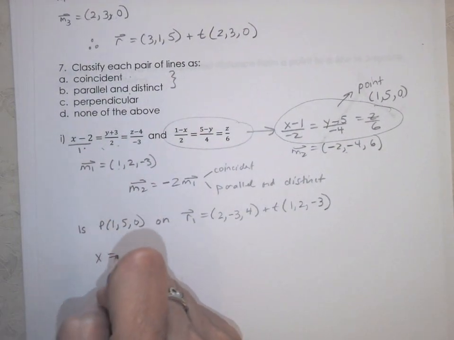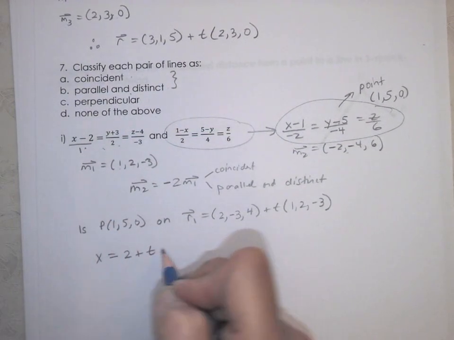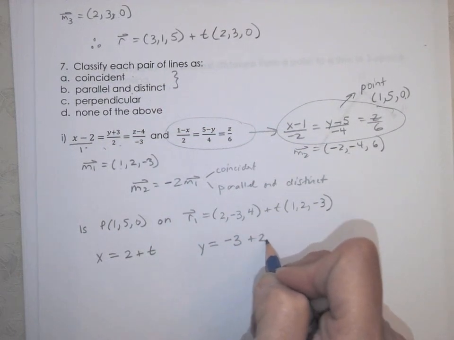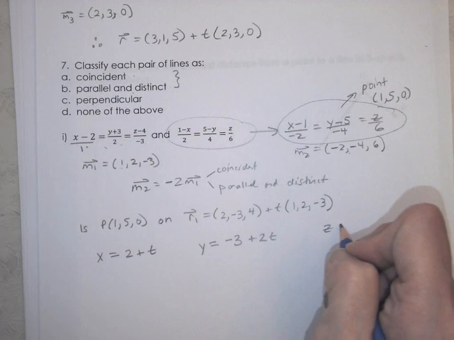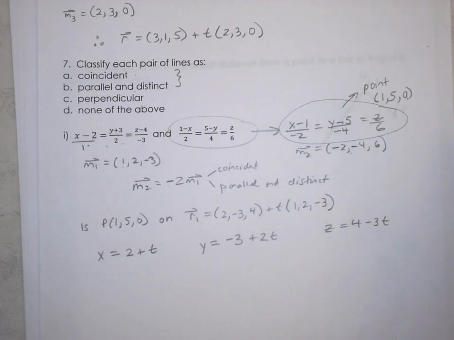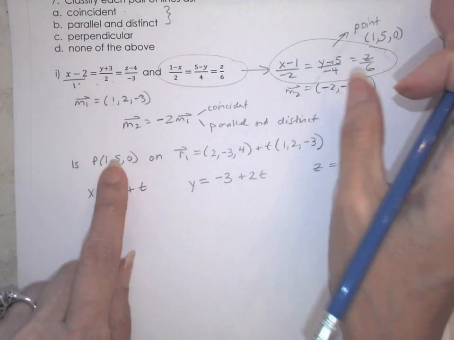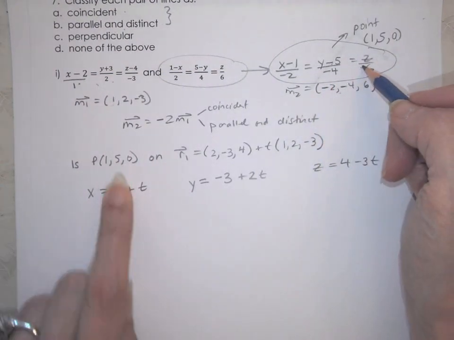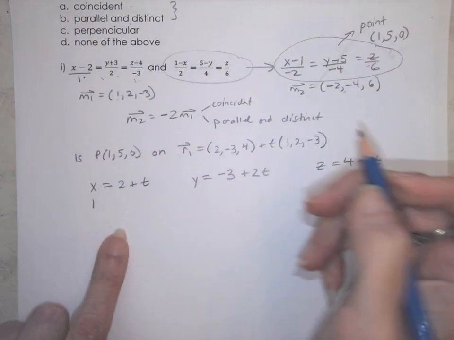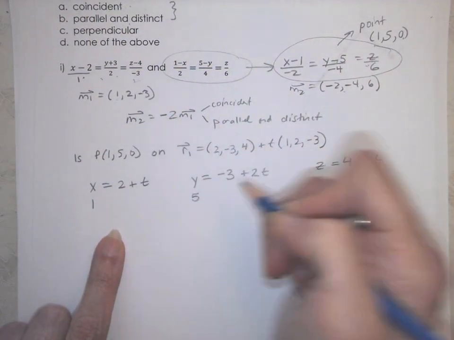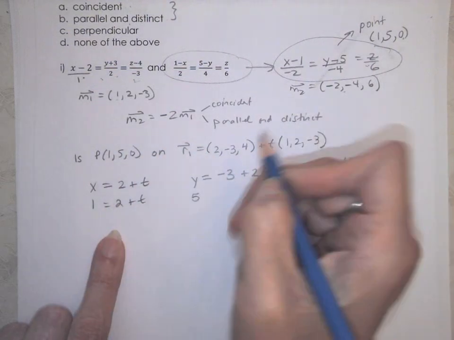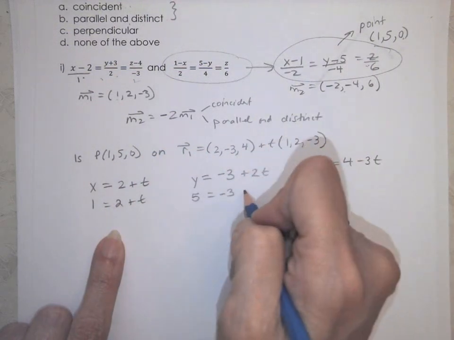So x equals 2 plus t, y equals -3 plus 2t, and z equals 4 minus 3t. And I'm testing to see if this point that's on my second line is also on my first line. So I'm going to put 1 in for x, 5 in for y, and 0 in for z, and see if I get the same t in each case.